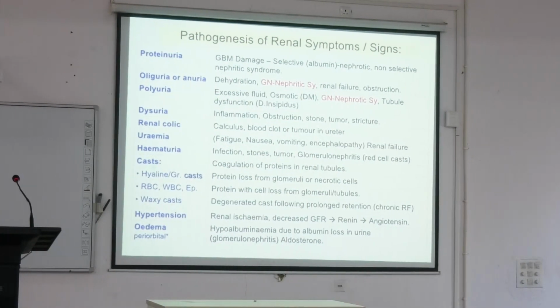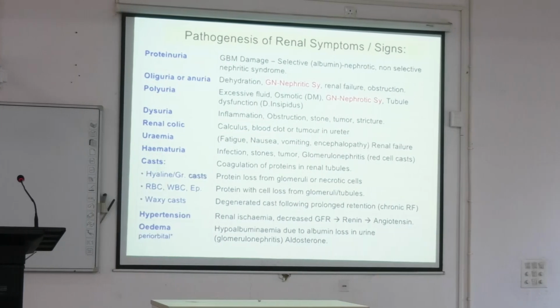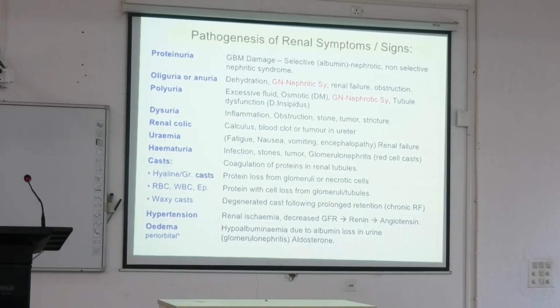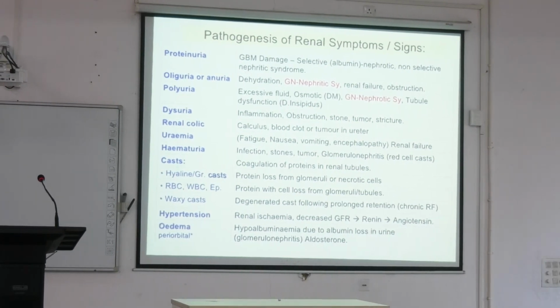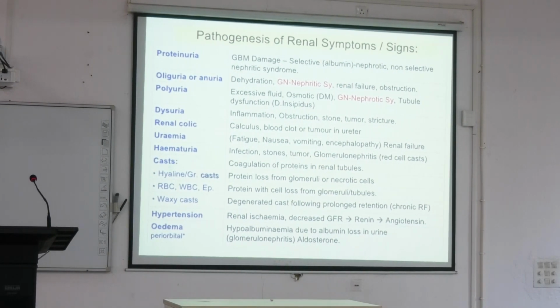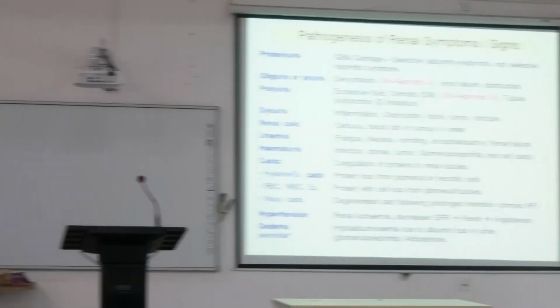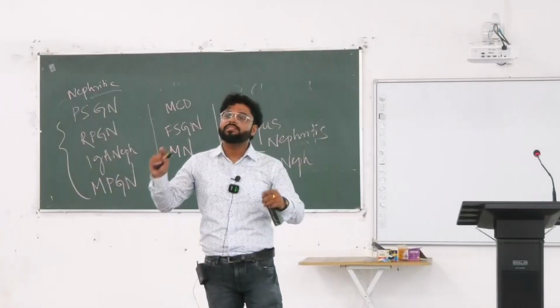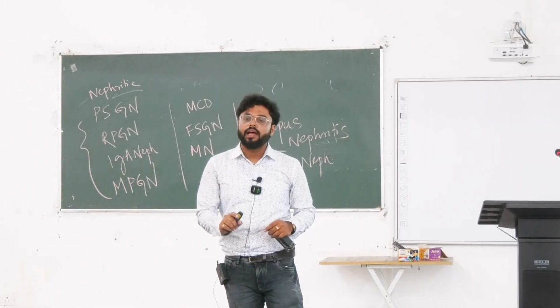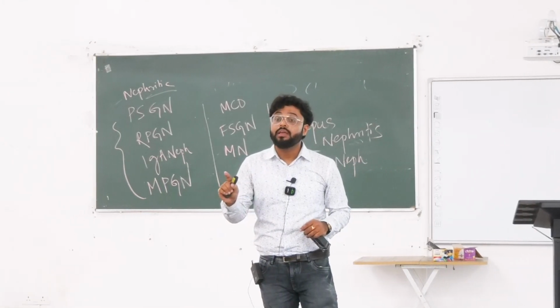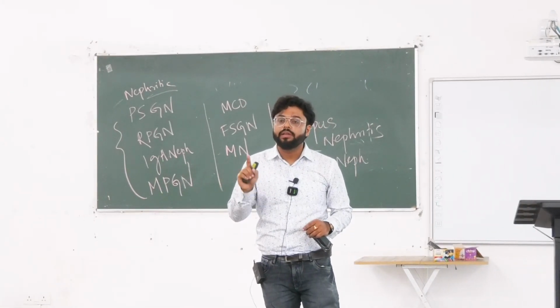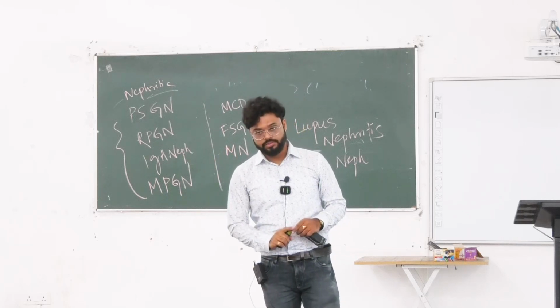When I am talking about proteinuria, you should have a very good idea what proteinuria is. Presence of albumin in urine is usually normal up to a certain range, around 25 to 150 milligram per 24 hours.